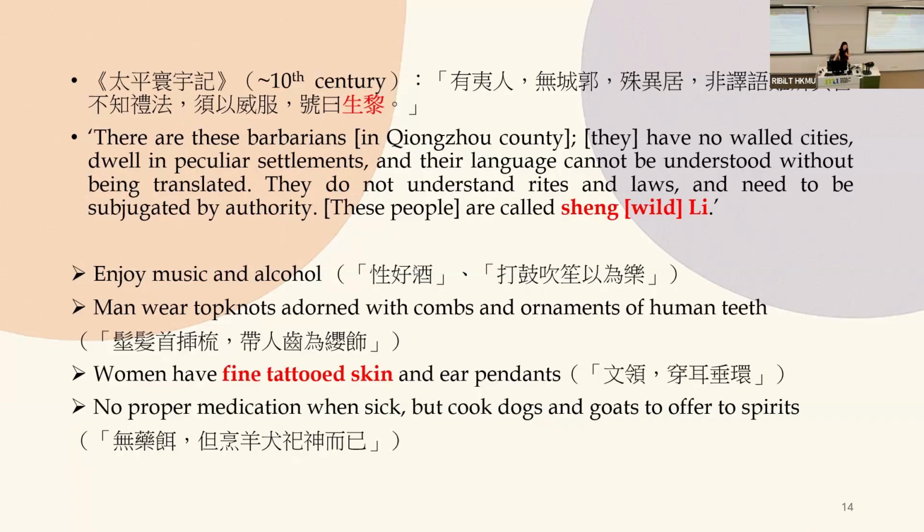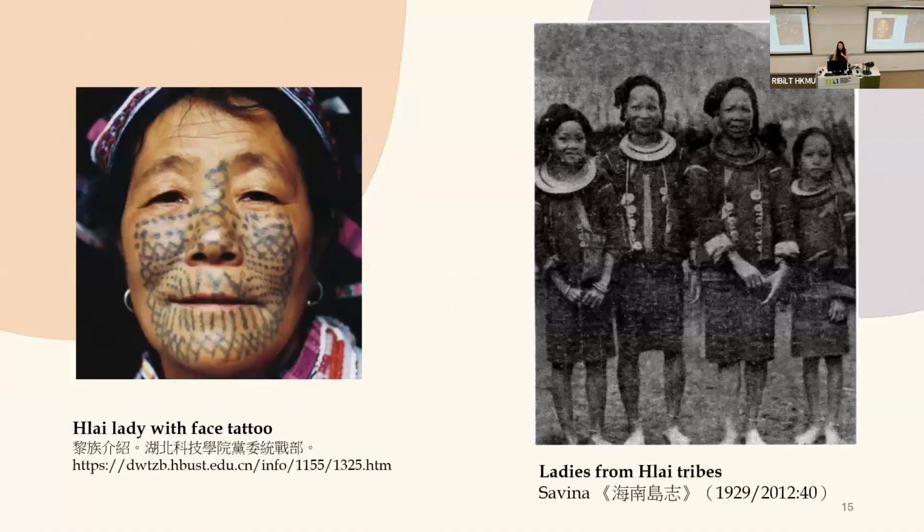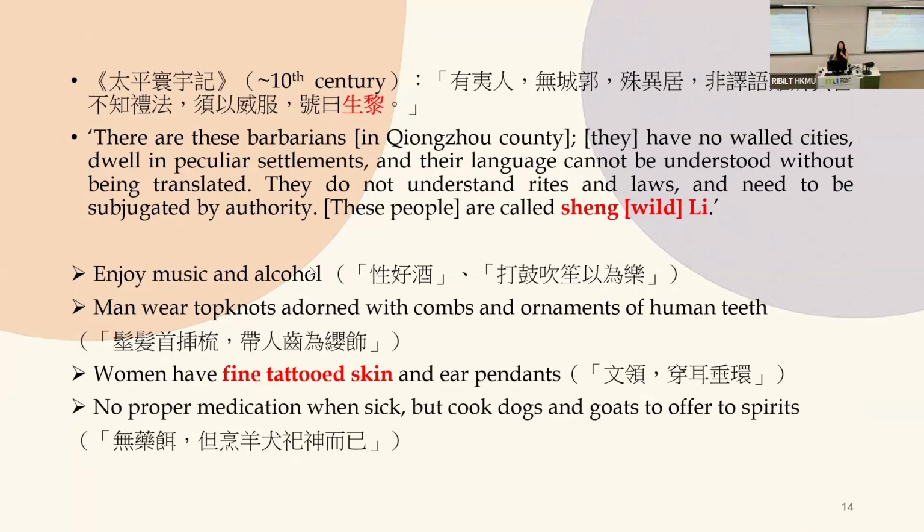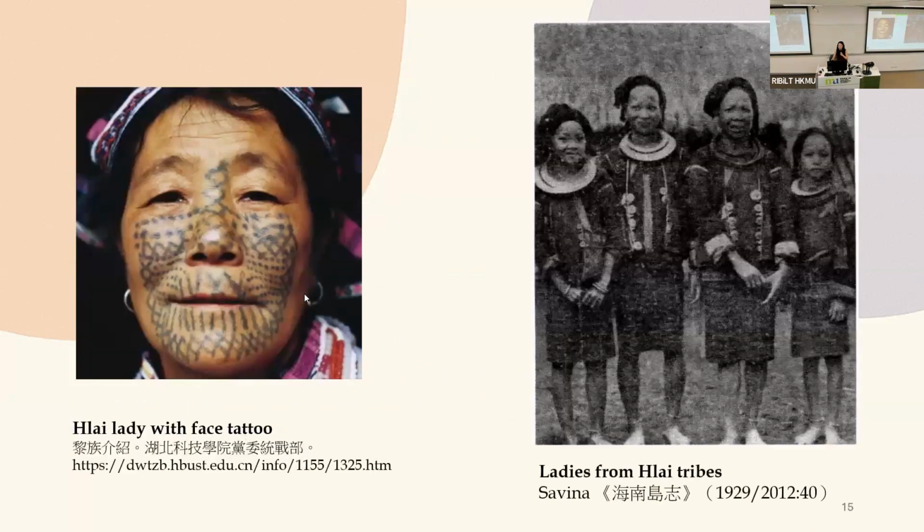And this sort of description, although it's short and brief, is a very fine-grained and realistic depiction, because even nowadays we do have modern records that echo what was documented 1,000 years ago. The women of the Li people in Hainan do have fine tattooed skin, and this is a picture from Father Savina's diary.